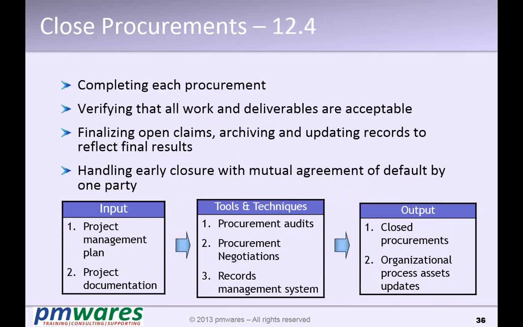Once the things are done, you finally audit and do the acceptance. If there are claims, etc., negotiate and close them. There is a record management system where you keep records of all the procurement, and then formally close the procurement.